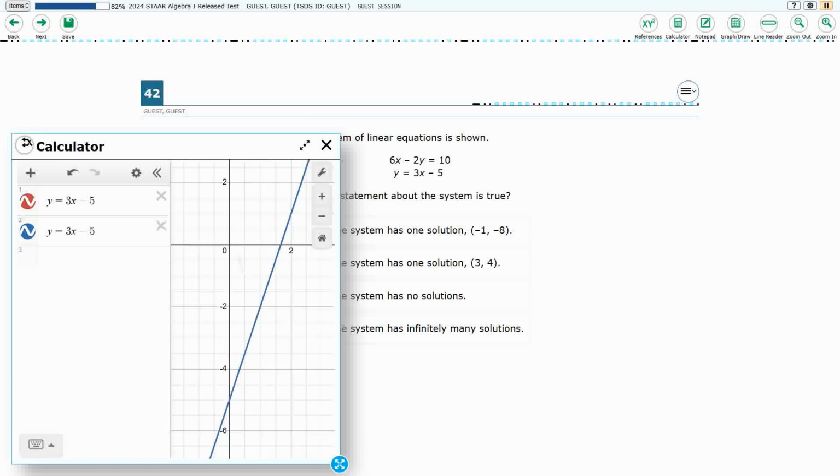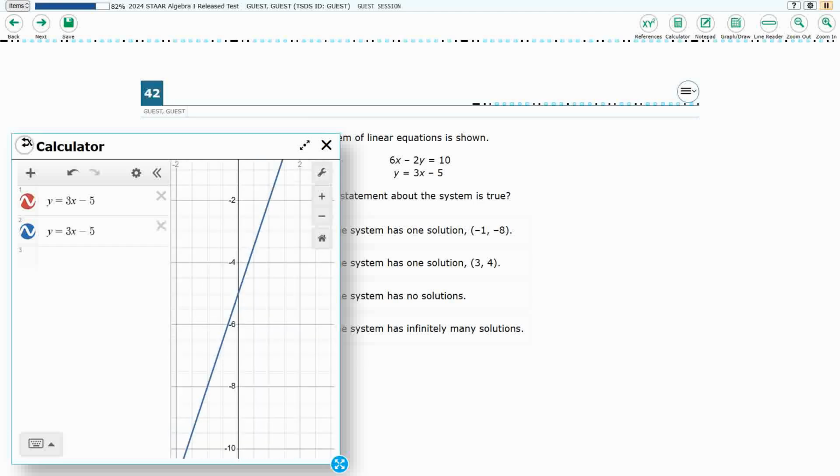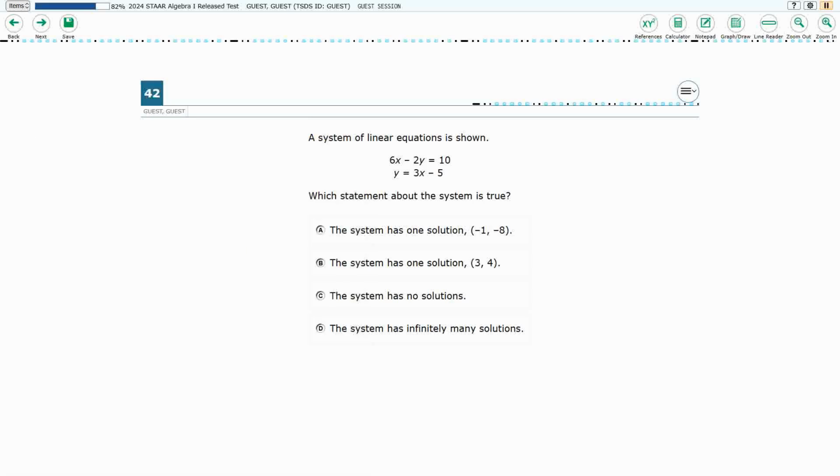You can't tell the difference because it's the exact same. So if that means at every single point they're touching, what that means is you have an infinite number of solutions, because at every single point along this line, it's the exact same slope, it's the exact same y-intercept, they are touching, which means it's an infinite number of solutions.